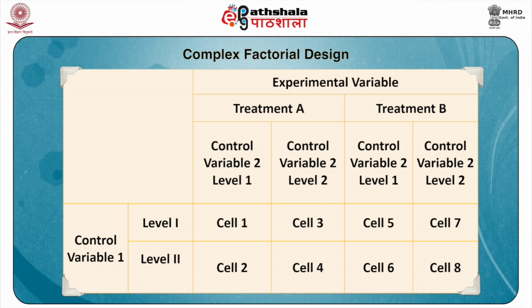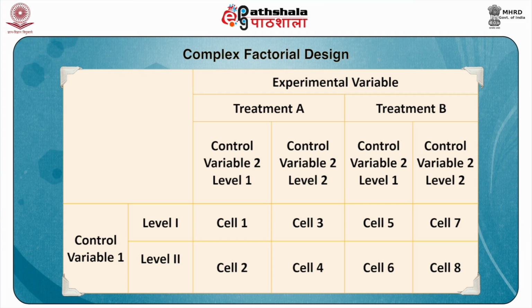Similarly, the main effect of control variable 1, independent of the experimental variable and control variable 2, is obtained if we compare the combined mean of data in cells 1, 3, 5 and 7 with the combined mean of data in cells 2, 4, 6 and 8 of the 2 into 2 into 2 factorial design.